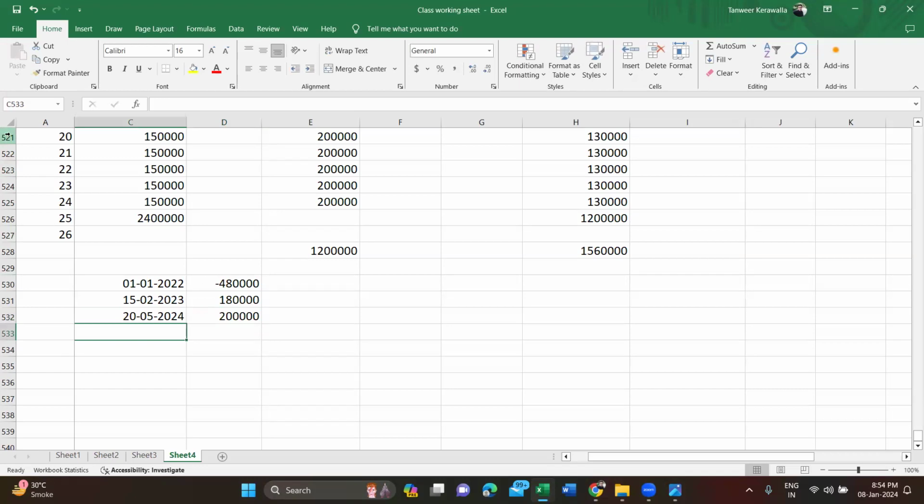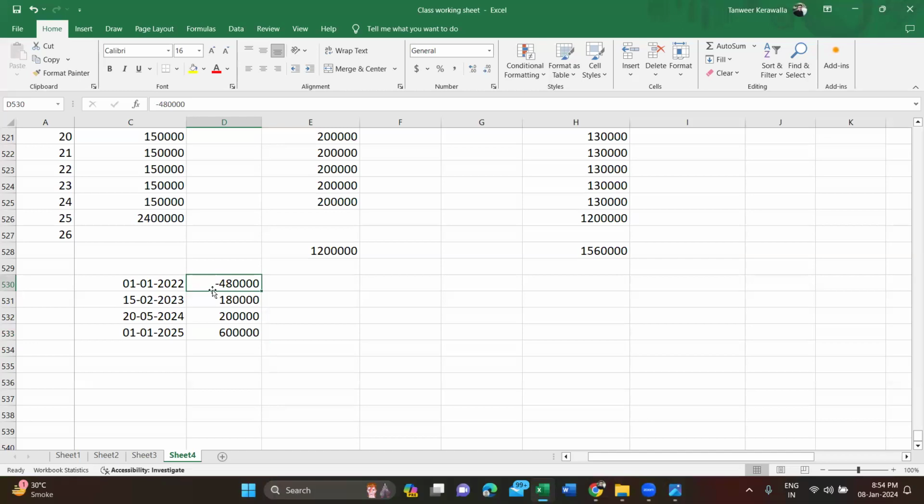And then on 1st January 2025, he sold the investment. How much can you sell it for? Let's say 6 lakhs. So these three are receipts: dividend, dividend, and sale value.